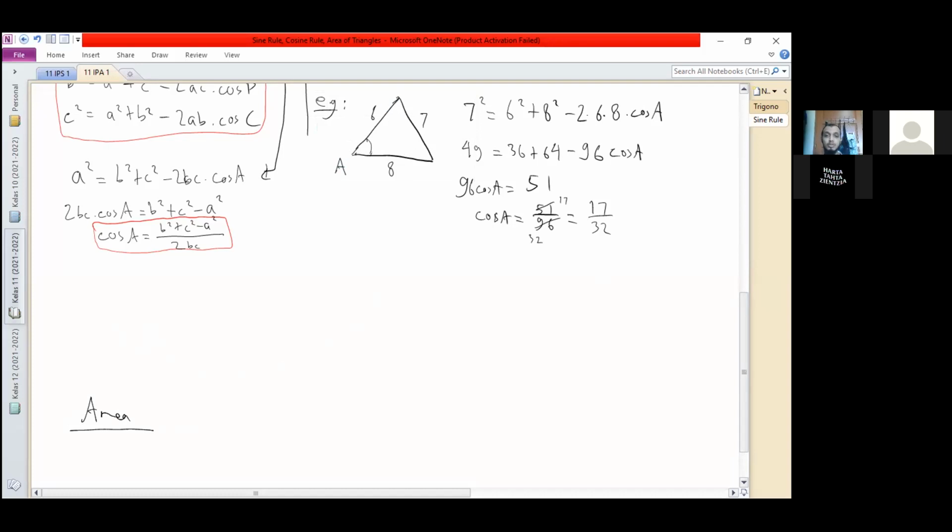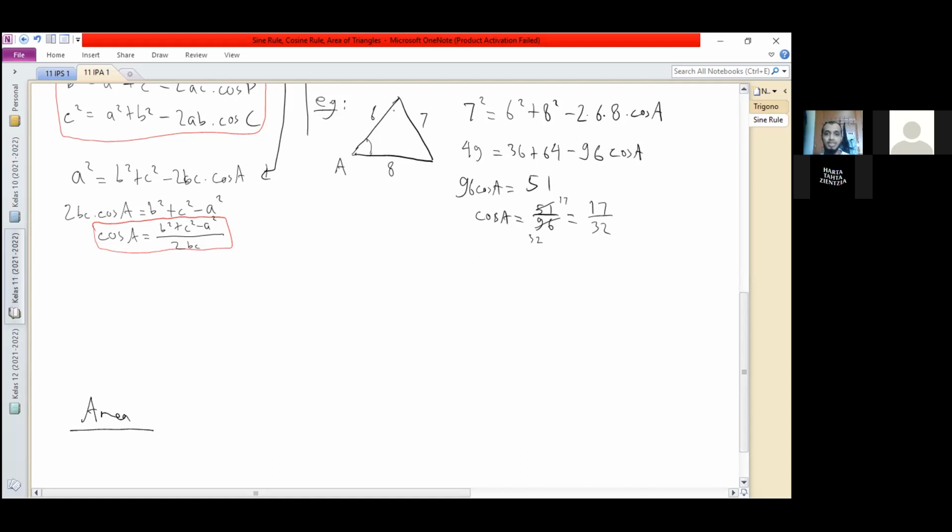You don't know the height, I just know the sides. How to find the area of such triangle? There are a few ways, and there are a few different cases as well.